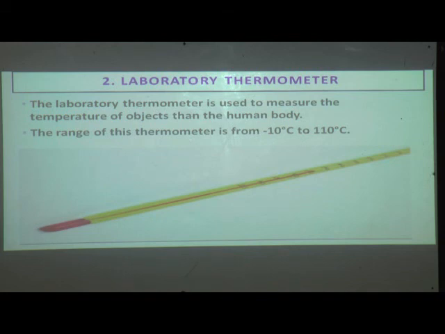In clinical we cannot measure below 35 degrees Celsius, but here with the help of the laboratory thermometer we can measure below 35 degrees Celsius, from minus 10 degrees Celsius. This is an image of the laboratory thermometer, you can see.